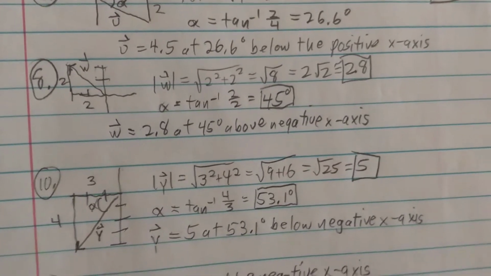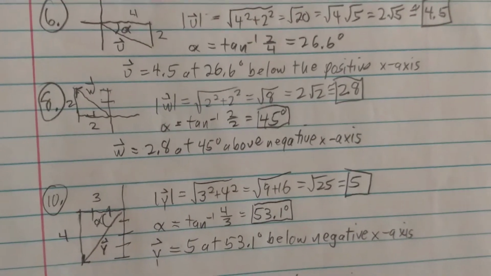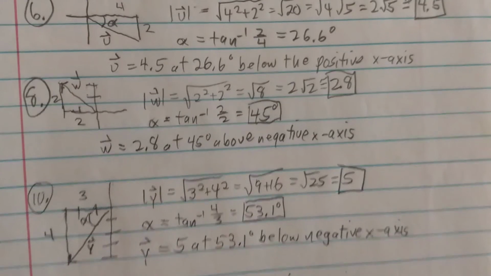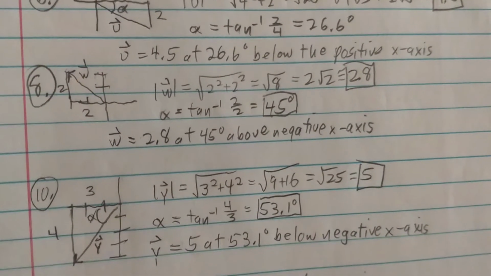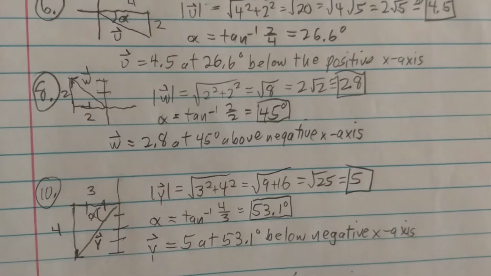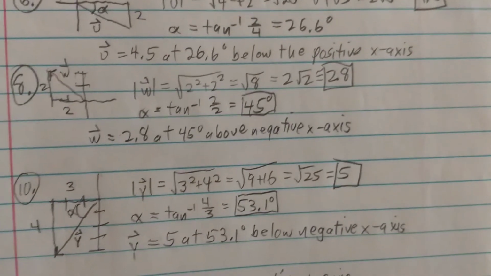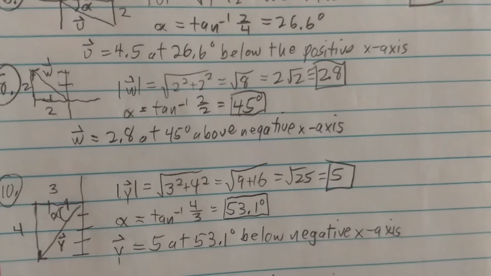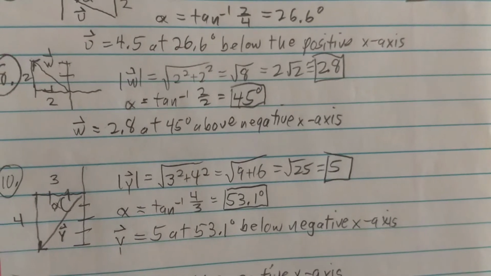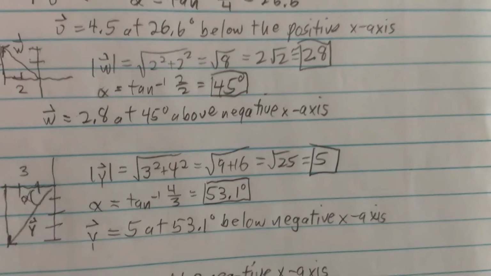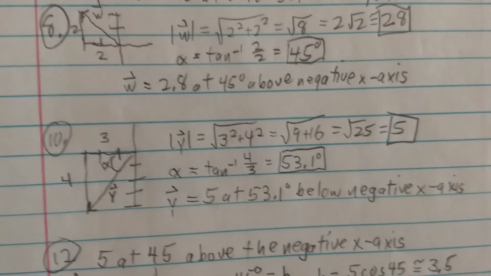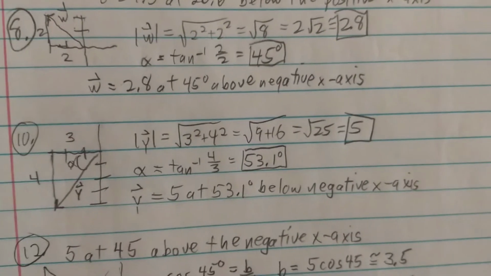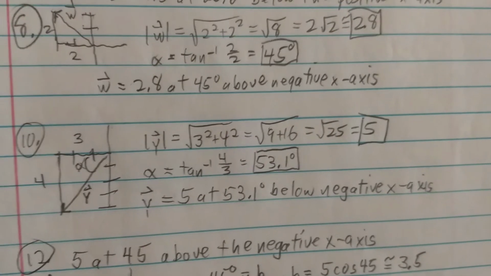And u has an alpha of tangent inverse of opposite 2, the down 2, over 4, which is 26.6 degrees. So here we go back to describing it this way, that u is 4.5 magnitude at 26.6 degrees below the positive x-axis.